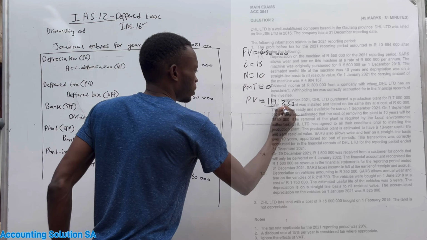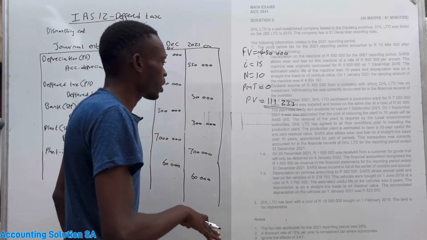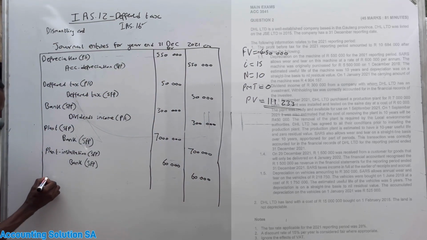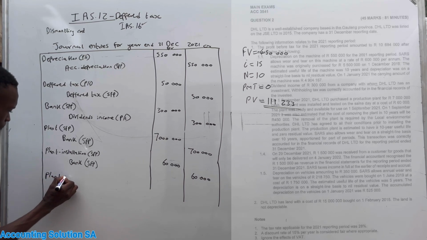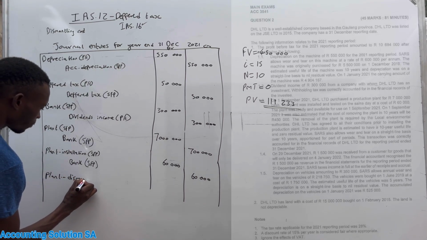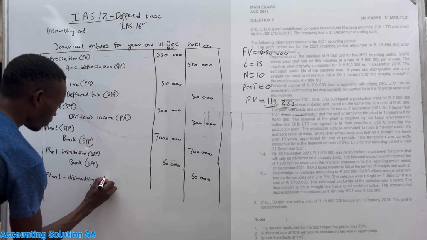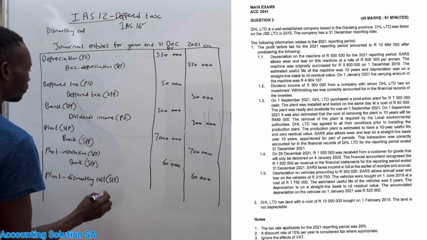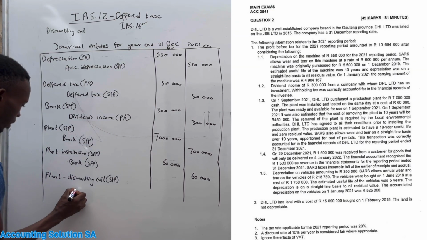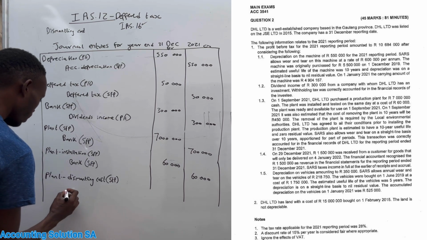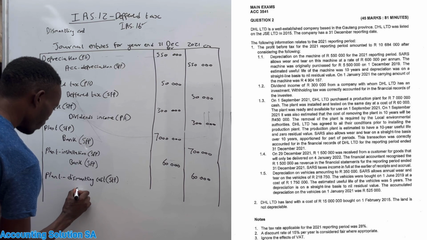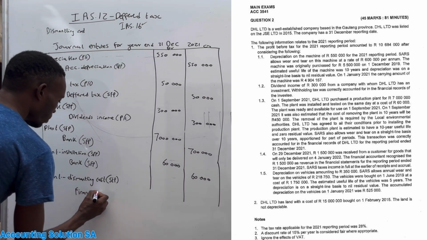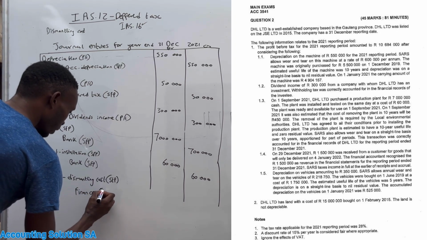111,233, which means that our dismantling cost that we are now going to recognize in our books, we're going to have dismantling cost of 111,233. We are going to say plant, and we say dismantling cost, SFP. Okay, then we're going to have this is going to be a finance, so it's not going to be a bank because it's not cash.